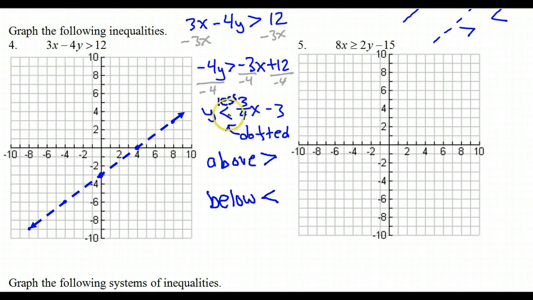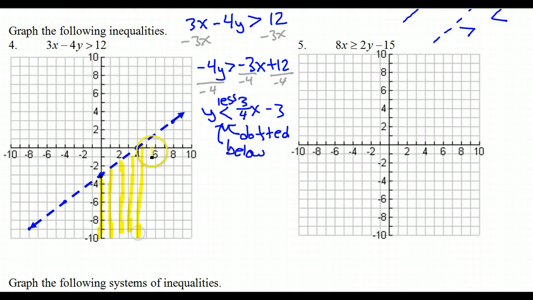So in this case, we have less than. So as you look at this, you should be thinking, okay, we need to shade below the line. We add that in. This is below. If I pick any point on the line and I go straight down, then I'm going below the line.